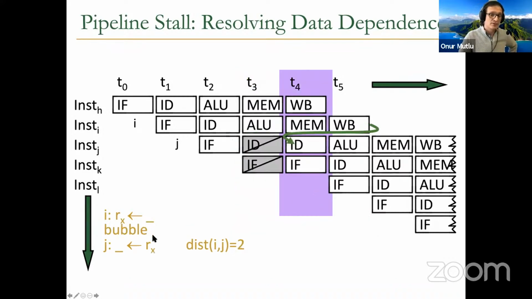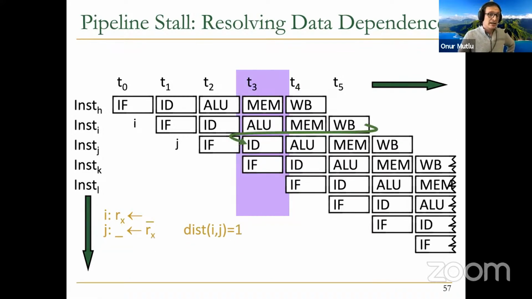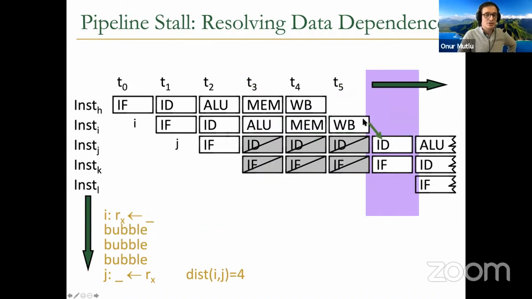If you do this calculation, if this instruction is writing here, this instruction cannot read it at this moment because the value is available over here, at the end of the write back stage. So you need to make sure the dependent instruction is delayed 3 more cycles before it can be decoded, because the value written by this instruction is in the register file at the end of the cycle.